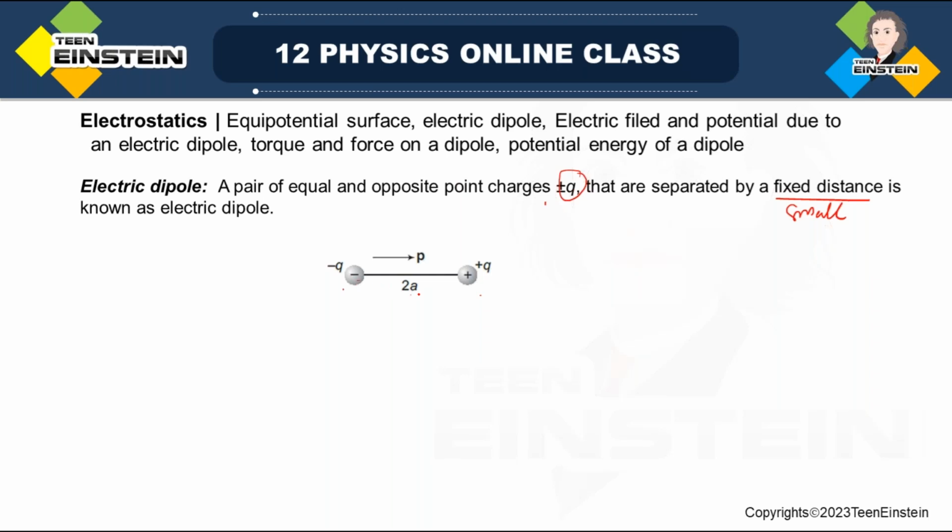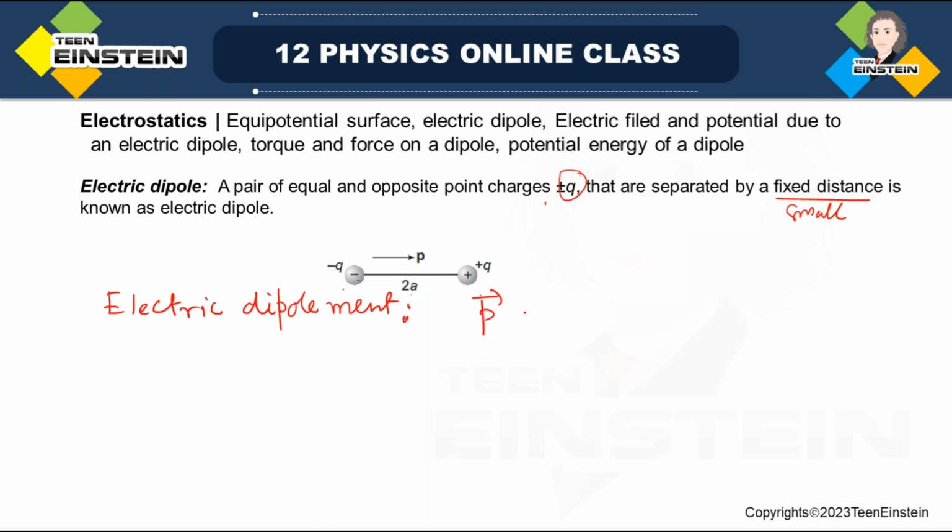So this is an electric dipole, and we always define a parameter called the electric dipole moment. What is this electric dipole moment? It is denoted by P, and it is a vector quantity.